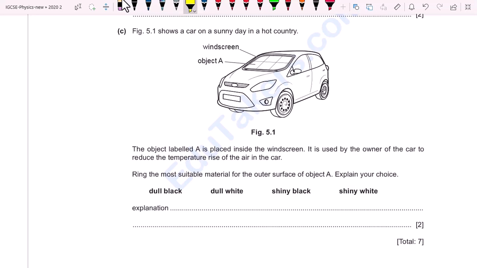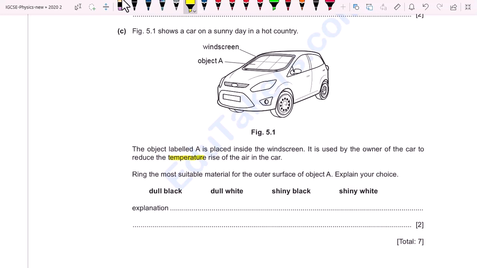It is used by the owner of the car to reduce the temperature rise of the air in the car. So this object A is placed inside the car and this object is used to reduce the temperature because it's very hot from outside and inside the car we have to reduce the temperature.